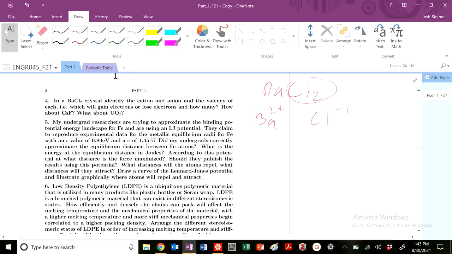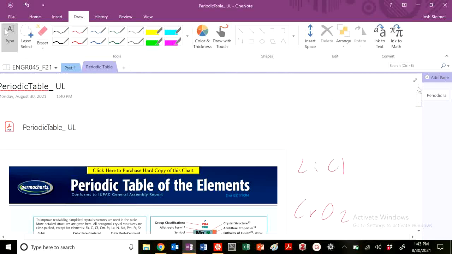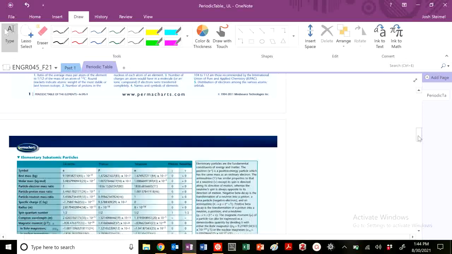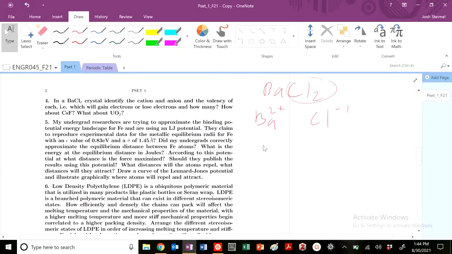You can confirm that on the periodic table as well. Just a little chemistry reminder: Ba is on the second column, so these want to give up 2 electrons. So Ba is the cation, Cl is the anion. Those are the valencies.